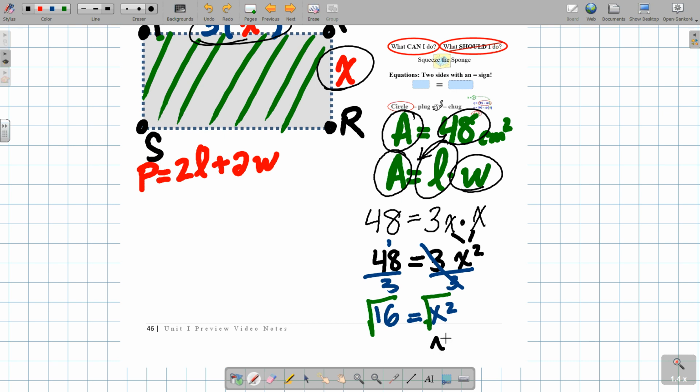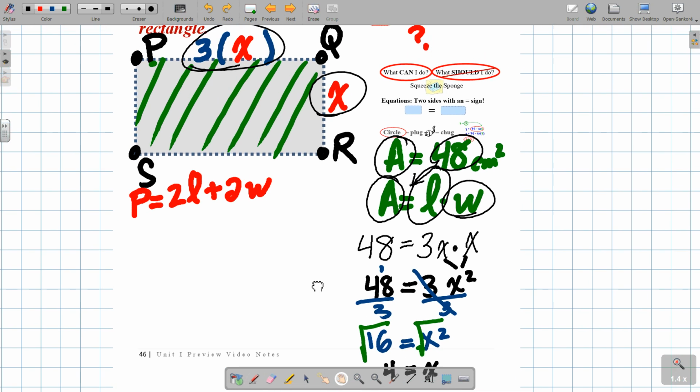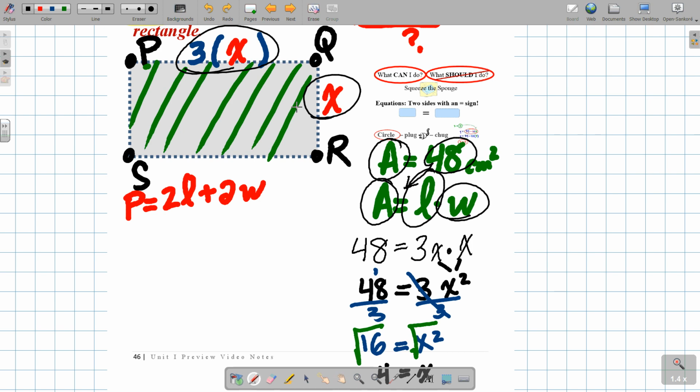So our perimeter, given these circumstances, is going to be 32. You check for units. If area is centimeters squared, perimeter is only one dimension, so it's just centimeters.